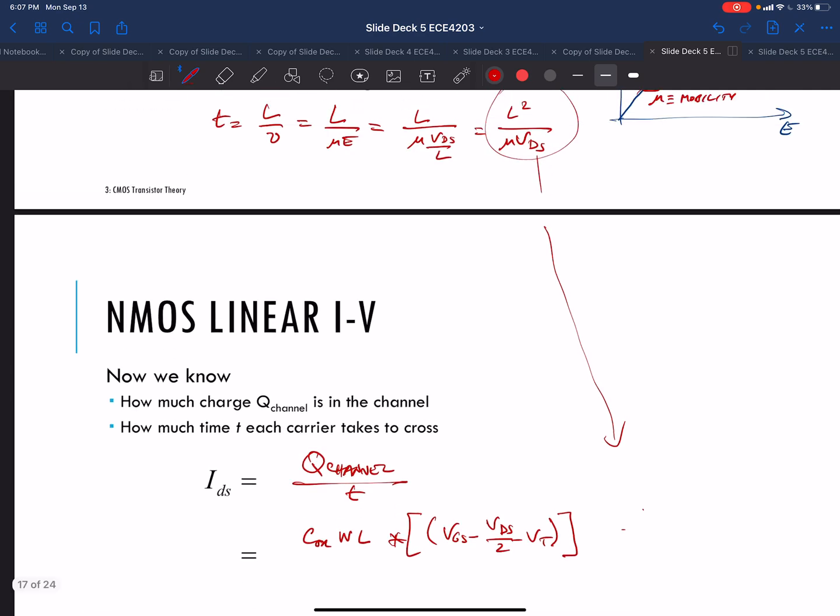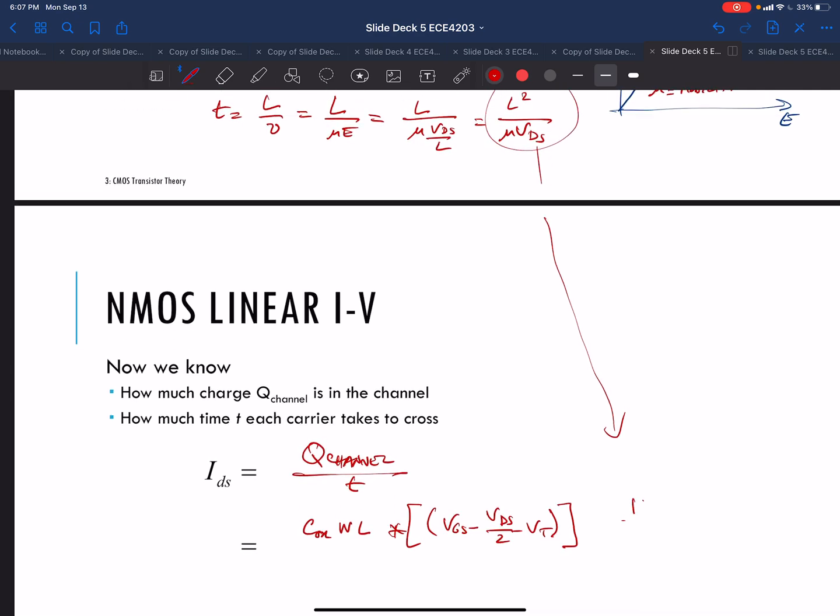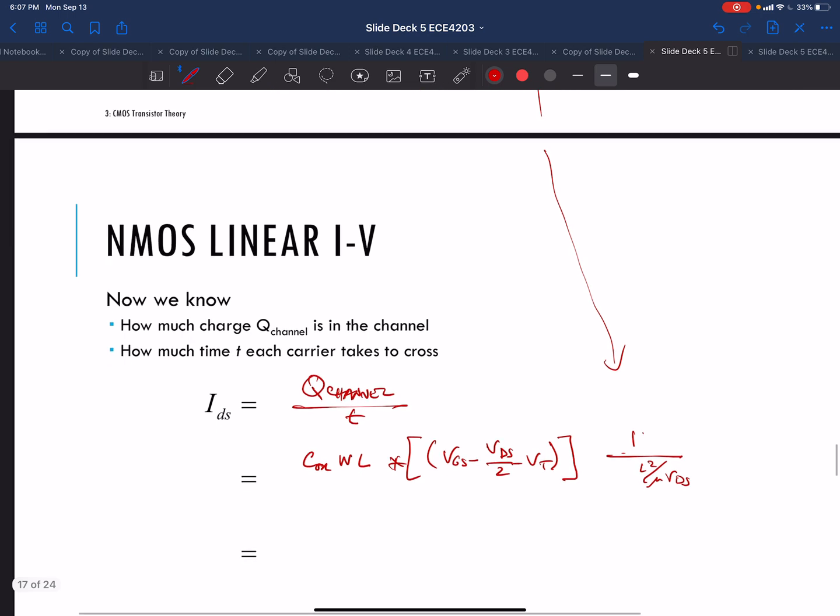If I plug this into the time here, it ends up being 1 over L squared over mu VDS.